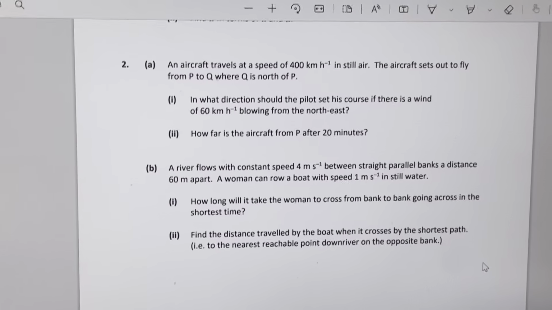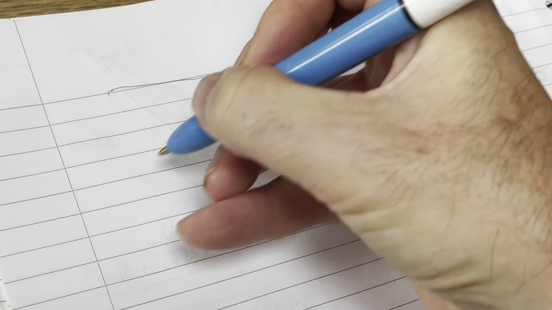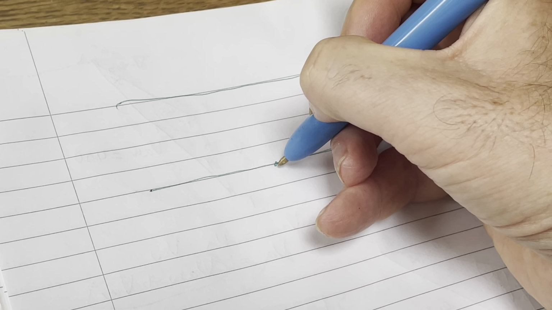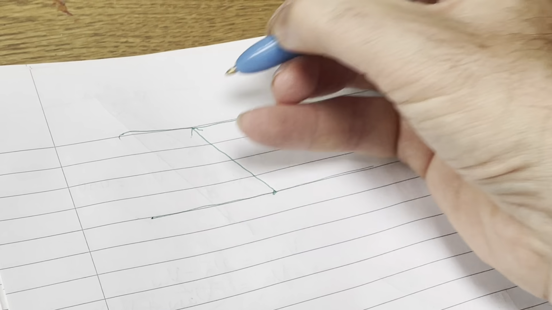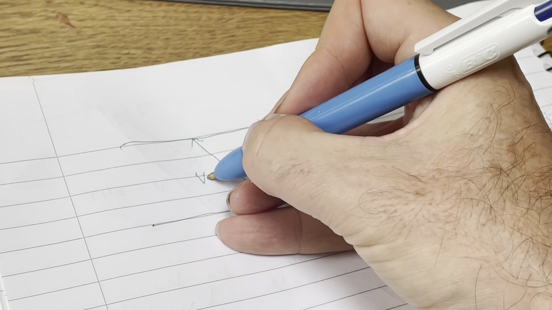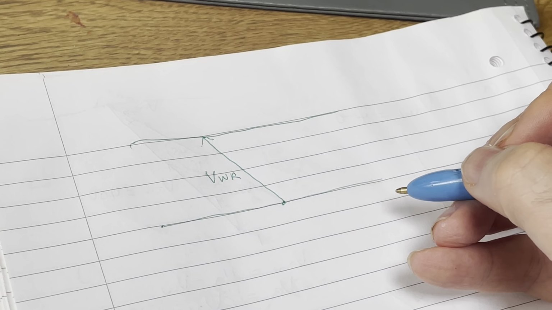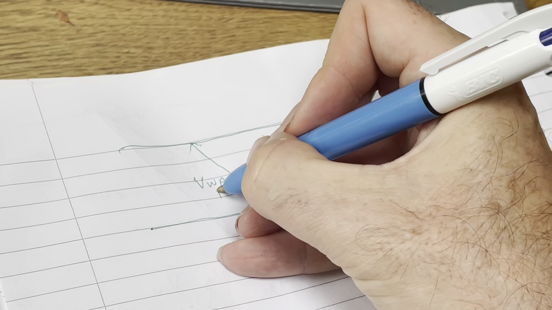So let's just look at the general situation here. The woman sets out here with a vector there, V woman river. That's if the river was still, she could travel at that, and that's 1.